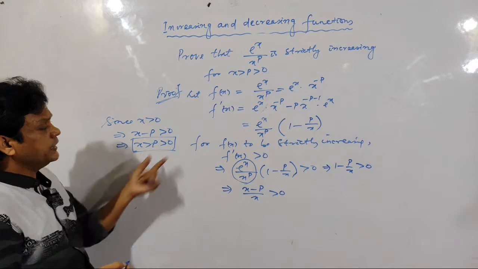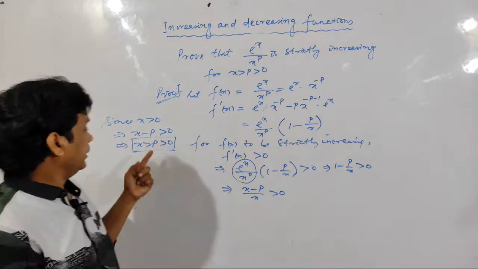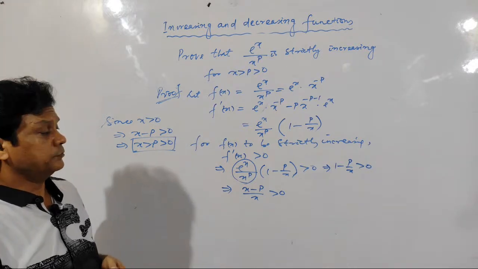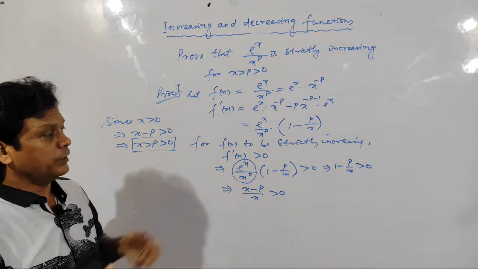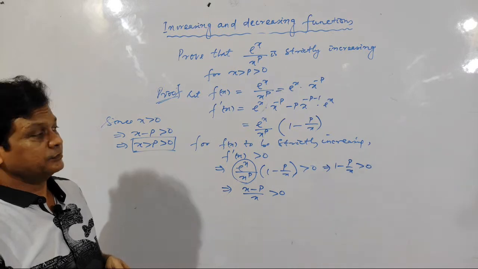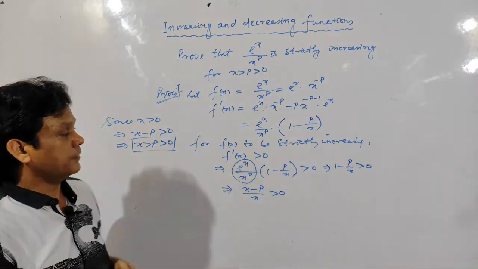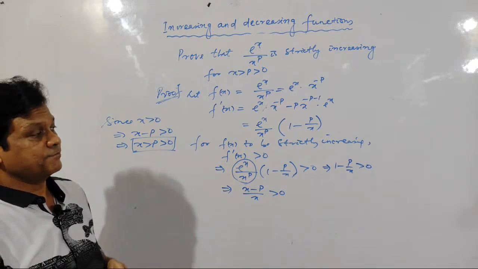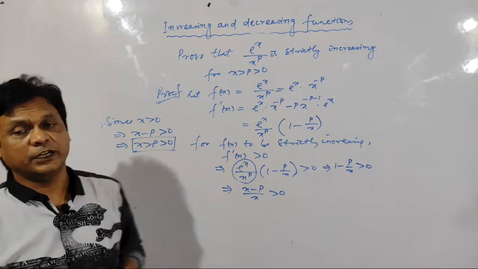Why are you taking p greater than 0? If p will be negative, then what will happen? Can you tell me? What will happen if p is negative? Who can tell me?